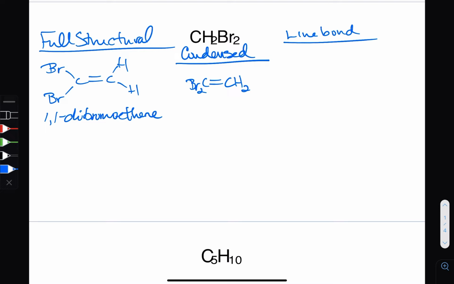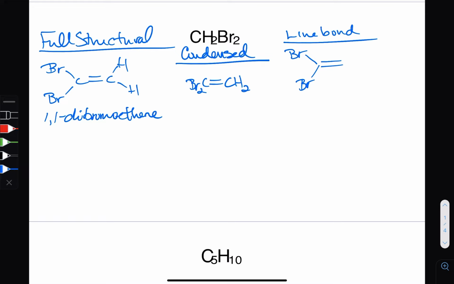All right, so we're going to draw the carbon-carbon double bond right there. And we're not going to draw the carbon atoms, but we're going to draw atoms if they're not carbon or hydrogen. So we've got to draw those bromines. We've got one down there, and we've got one up there.